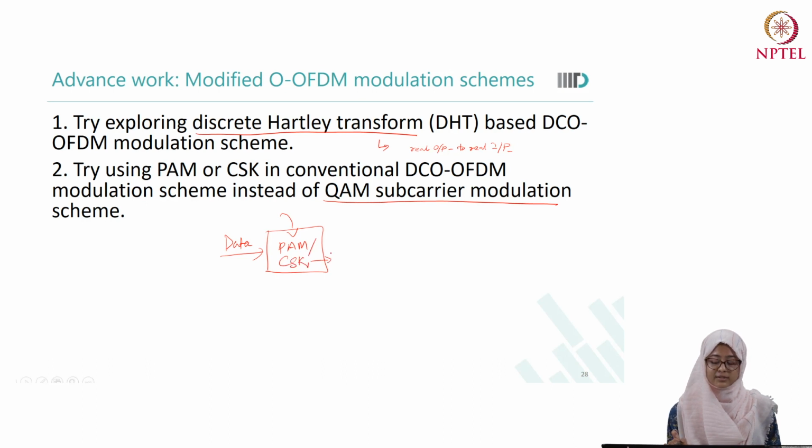From the previous simulation exercise, you already have an idea of CSK, and PAM is actually very similar to on-off keying. In on-off keying we have bits 0 and 1, however in PAM you have 4 levels of intensity. So from OOK, you can try to simulate PAM as well. Here it was just 2 levels, and here it is 4 levels of intensity.